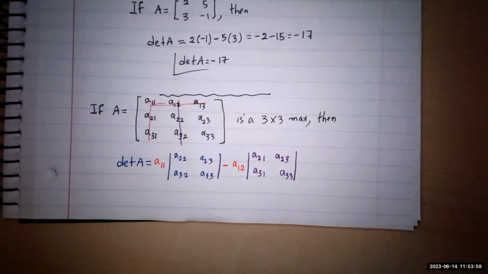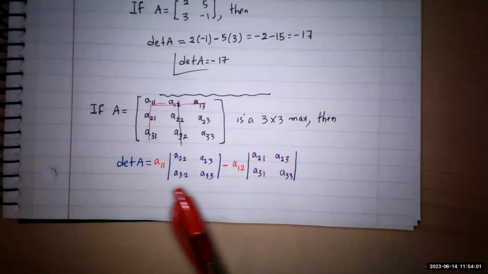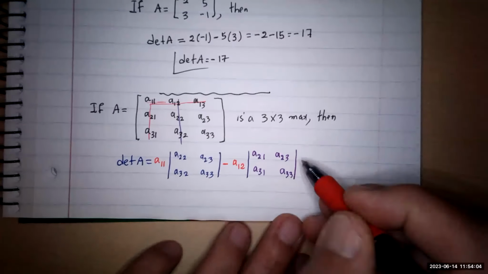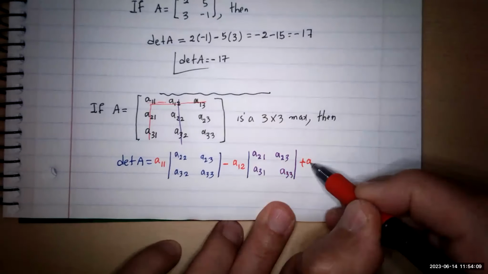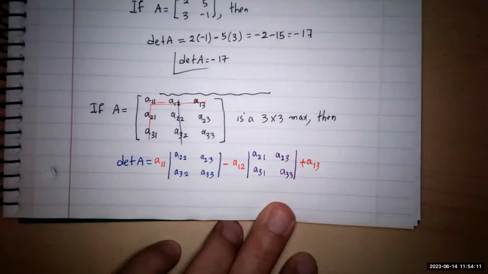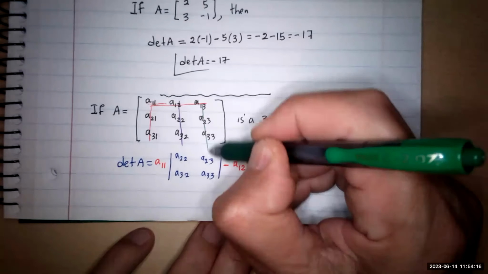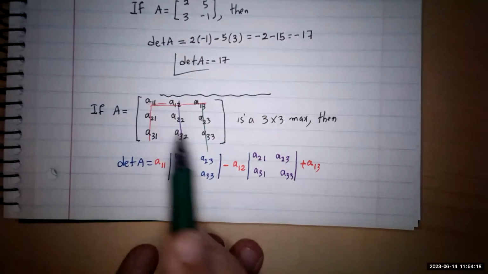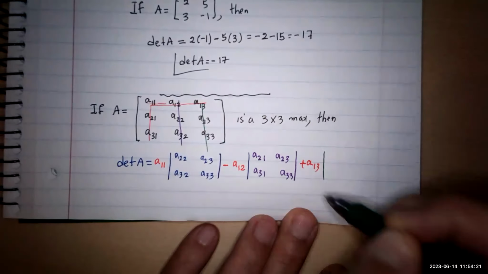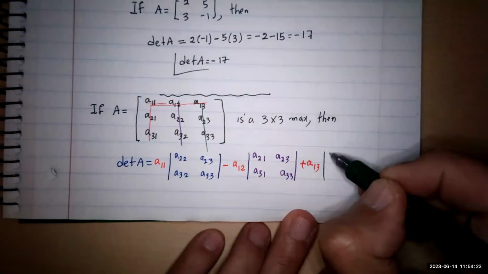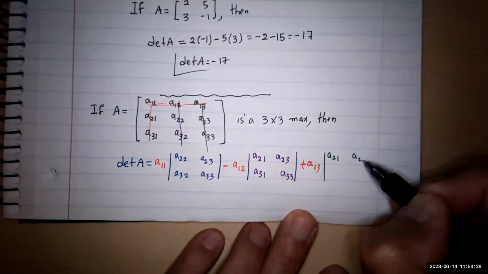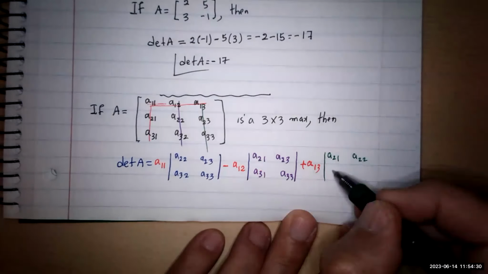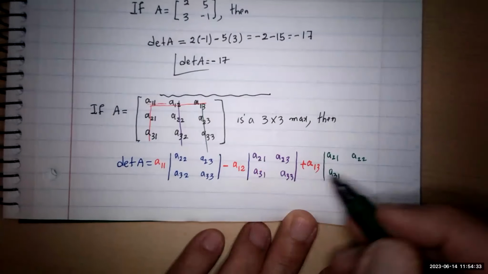Okay, and finally we go to the last one. So it's positive, negative, positive. The last entry is A13. Now you are going to eliminate the first row and the third column. The leftover matrix is A21, A22, A31, and A32.